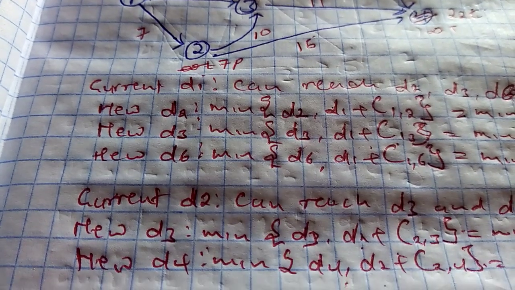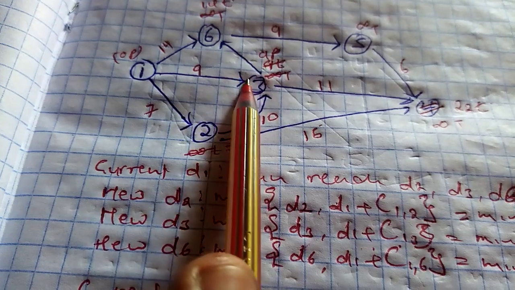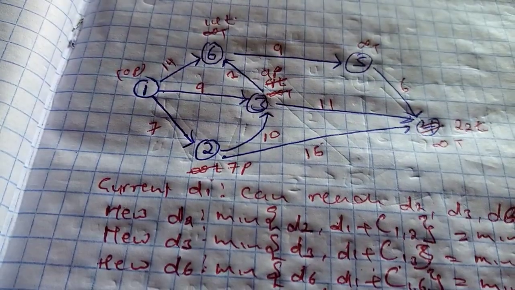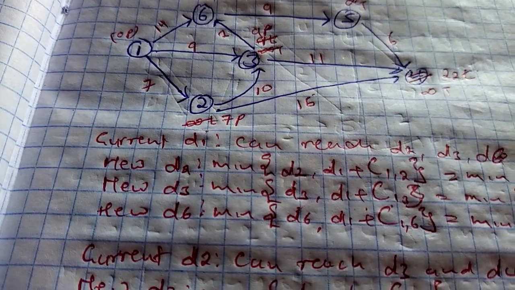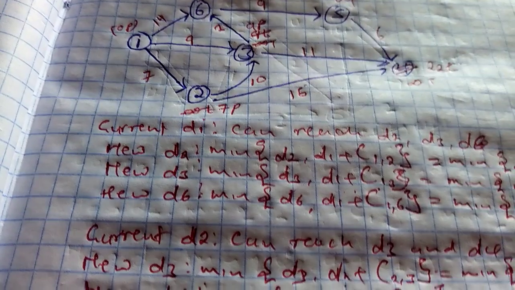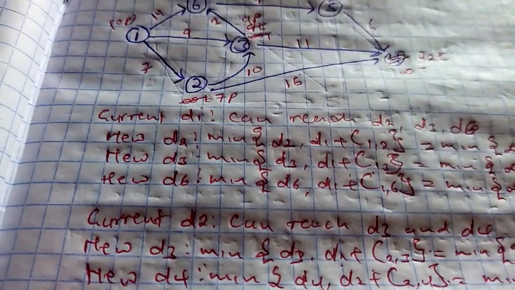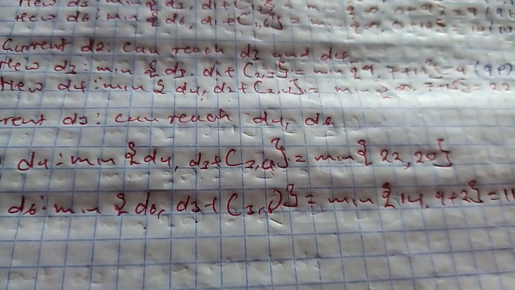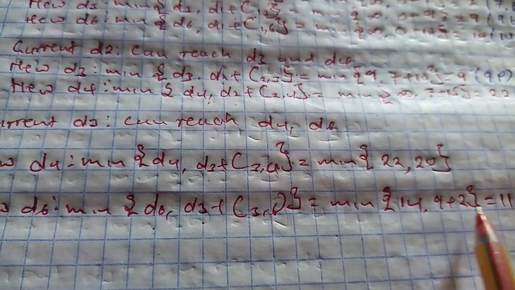And now d3 here is 9, and the weight here is 2. Please note here that the weight is 2. So it is 9 plus 2. The smallest here is 11, because I have 14. 9 plus 2 is 11.